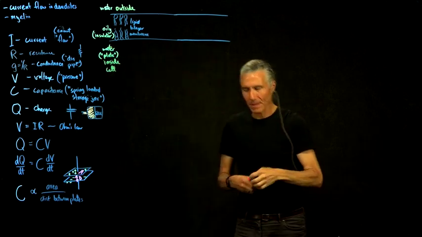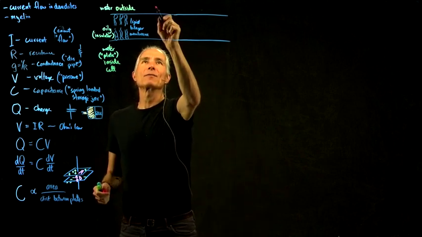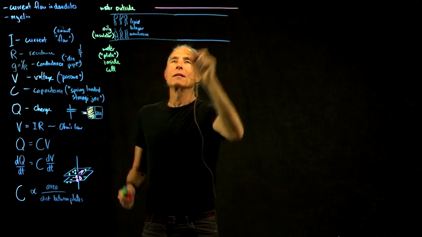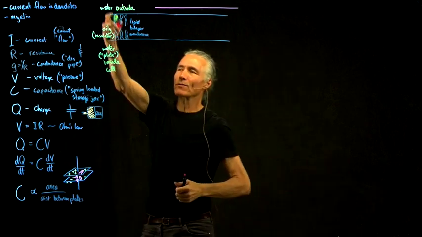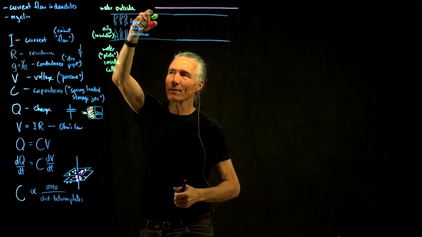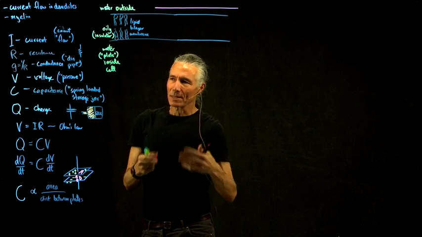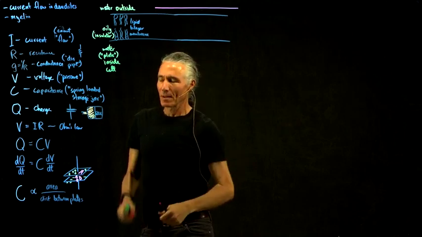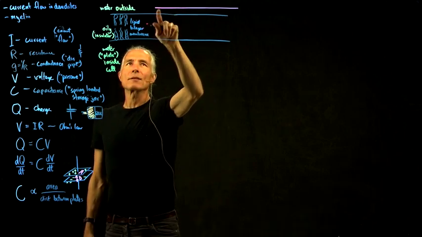So what is our simple model of that? A simple model of that is first a wire, and that wire is representing the fact that the water outside is all electrically connected with itself. There's some saline in it, so it conducts electricity. It can allow electrons to move around.